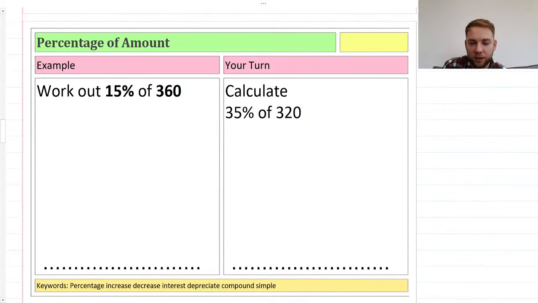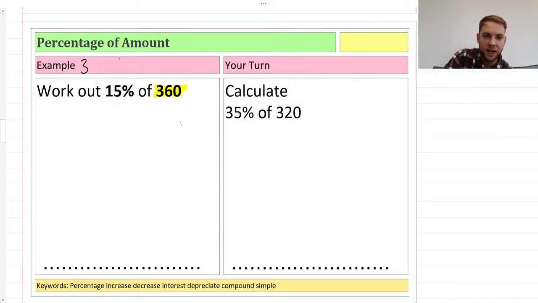So this one's a little bit trickier, and the main reason is because we've got to find 2 percentages to build it up. But we still have the same starting point. We're finding 15% of 360. So this one here is example 3. We know that the 360 represents the whole of this, which is 100%.